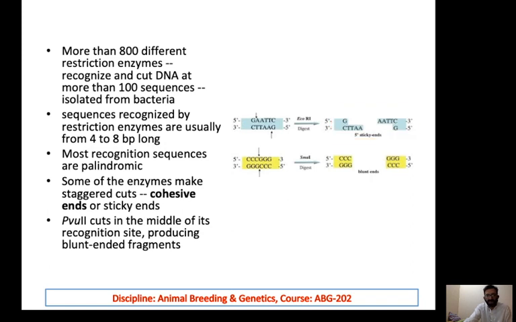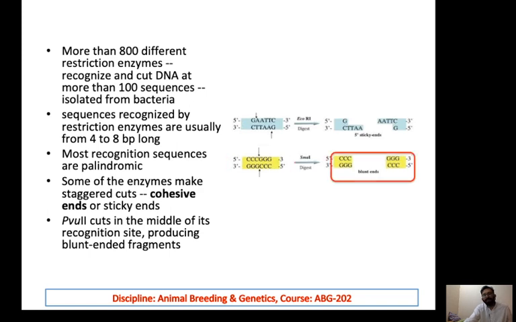Now another type produces the blunt end. It has the recognition site C, G, and it cuts between C and G, and they produce the blunt end because there is no overhang-like structure in this.